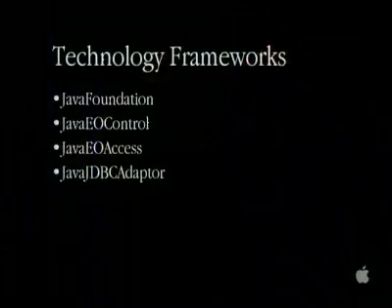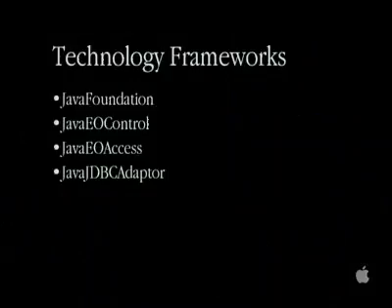Okay, the technology frameworks that we deal with in EOF. Of course, we start with Java Foundation. That's all your base classes and a lot of utility classes. We build on that with Java EO Control. That's where EOEditingContext lives and fetch specifications. That's where you're going to do most of your programming when you're dealing with EOF. Java EO Access is our database access layer.